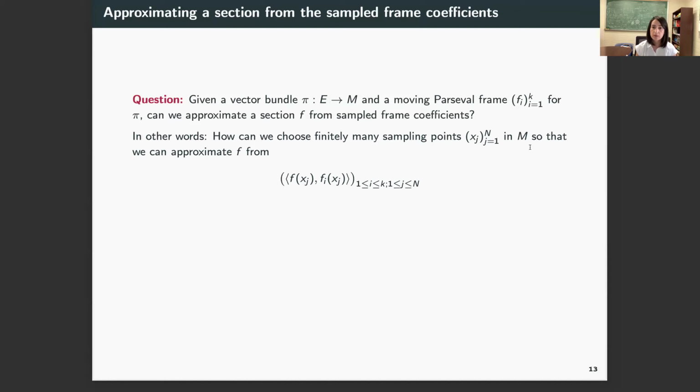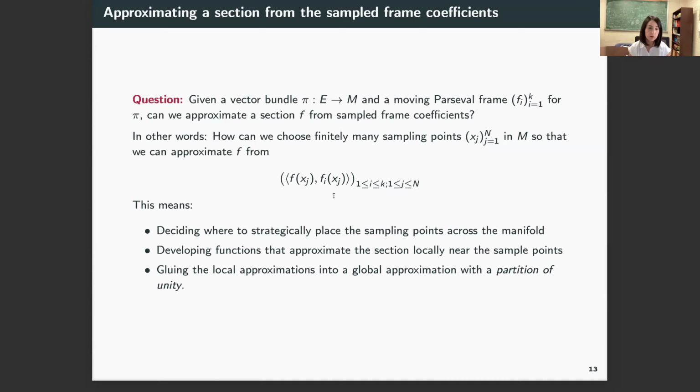If I have sampling points x_j, the question is, can we approximate f from only having these values, like the frame coefficients of f evaluated at those sampling points with the f_i of x_j?